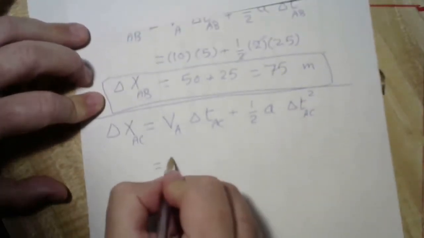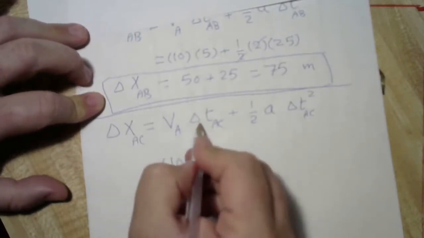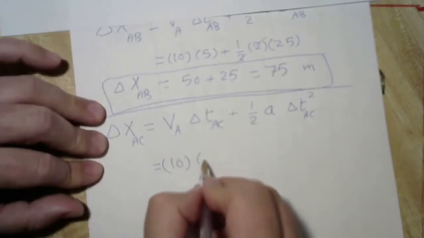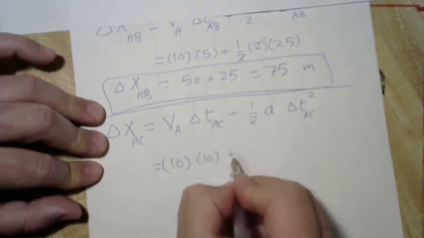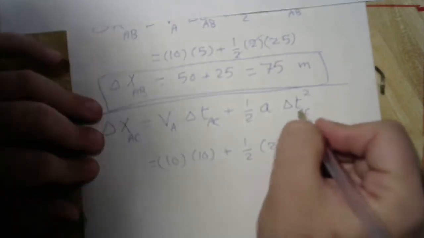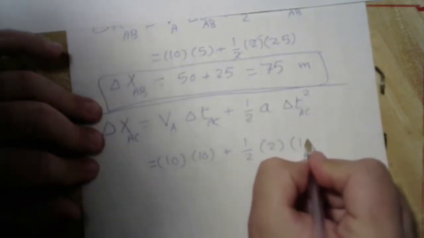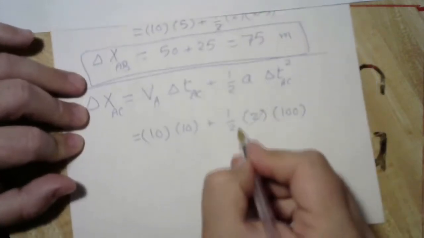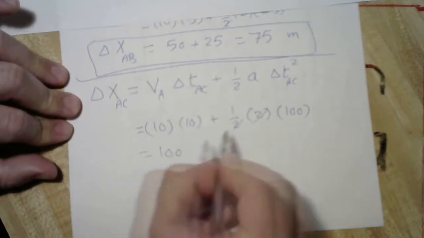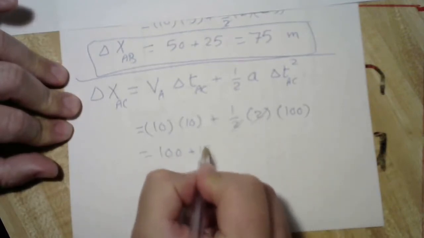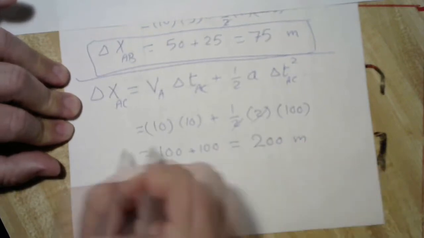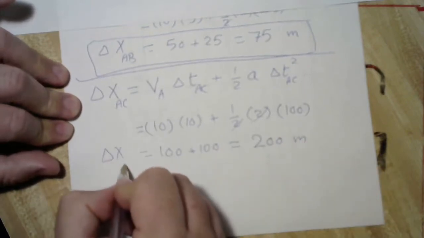The velocity at A is 10 again, multiplied by the time period from A to C, which is 10 seconds, plus half, the acceleration is 2, the time period is 10, squared is 100. I can remove this 2 with this 2. This is 100 plus 100, which is equal to 200 meters. This is the change in position between A and C.